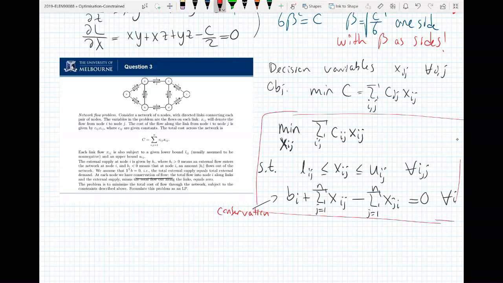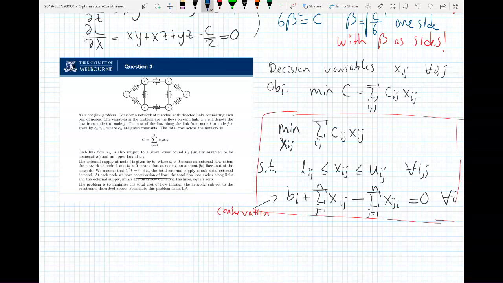Mathematically. Look, as you've seen in the workshop, if you do this, you give it to the solver, it gives you the answer. Here you go. Practical engineering type of thing: if you give the wrong formulation, it will give you the wrong answer.